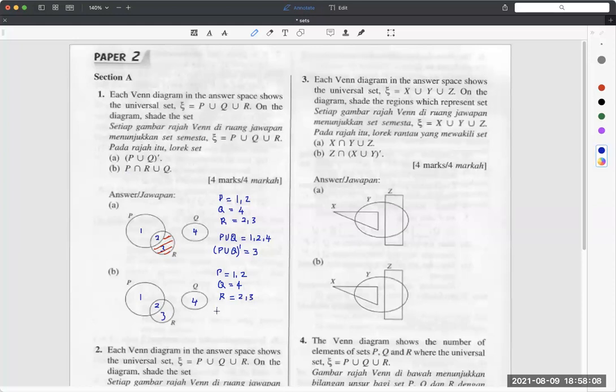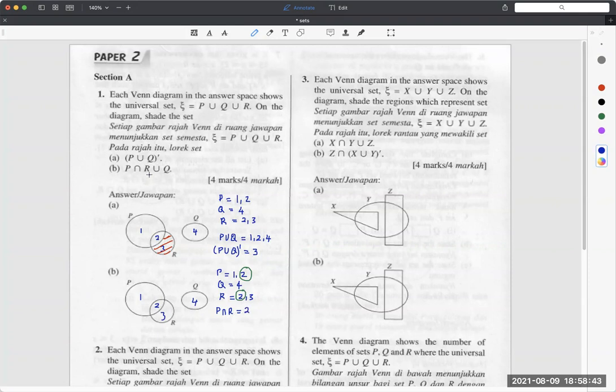P intersect with R will be the area where there are overlapping numbers, meaning the same numbers. We don't look at the diagram now, we look at the list of labels. So P intersect with R will be where we have the same numbers. So P intersect with R will be 2.